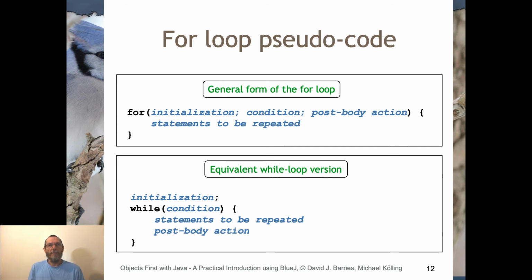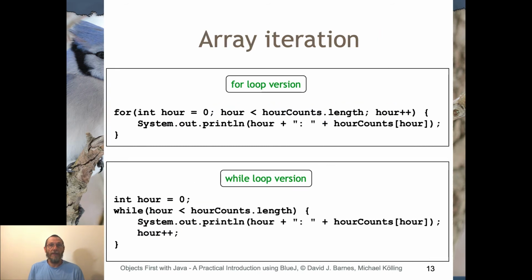So we often place in the post-body action things like the incrementing of a counter that's gradually increasing until it causes the condition, comparing it against some maximum value, to yield a false value and the loop to finish. So let's look at a particular example. Suppose that we want to print out the count for every single hour that's stored inside the array.